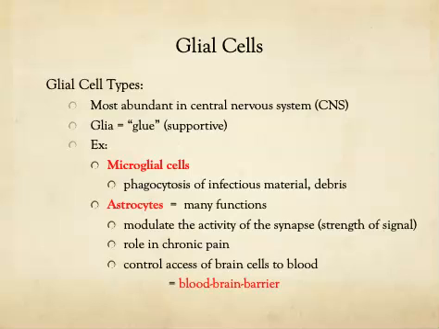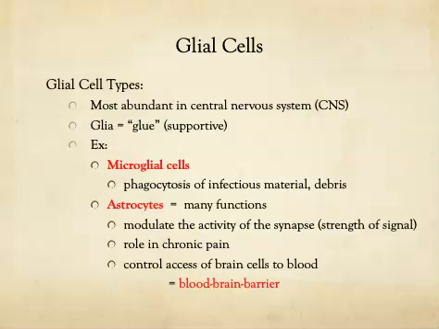Astrocytes are probably the most fascinating of the glial cells. They have many different functions, and we really don't understand them completely, even in 2020. One of the things that astrocytes do is modulate synapses.